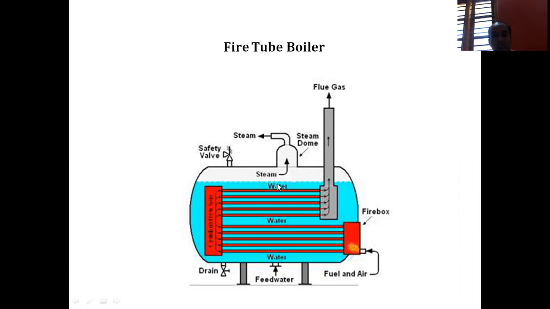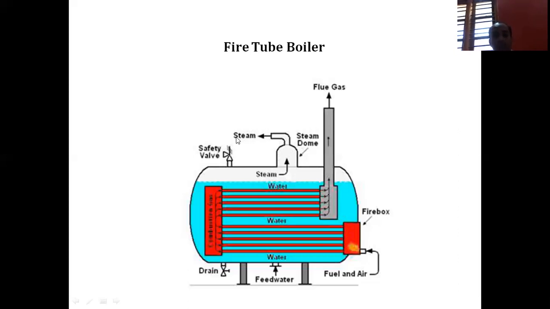This water is heated to reach the boiling point at constant pressure. Once it reaches the boiling point, steam is developed and taken away for various applications. It may be for running turbine blades to do useful work, and other work applications also.